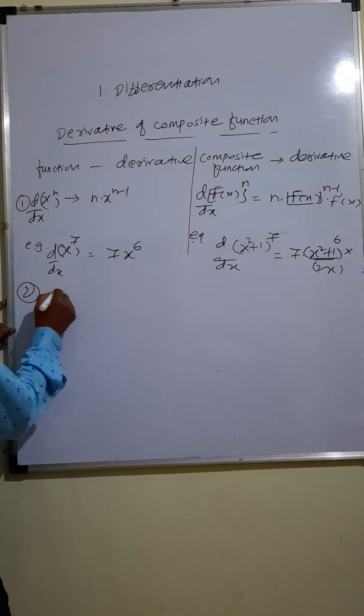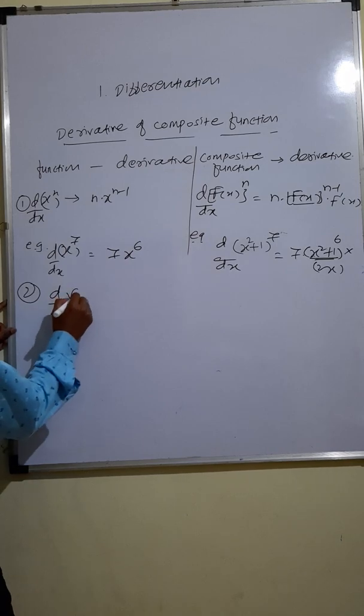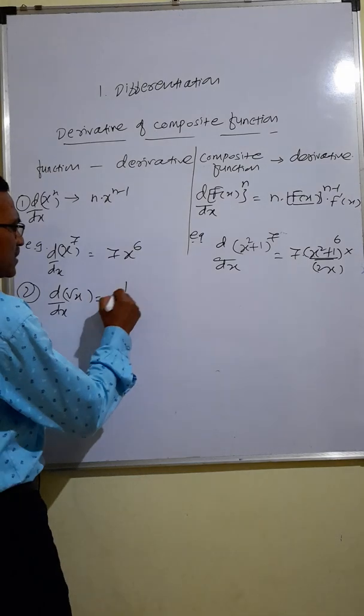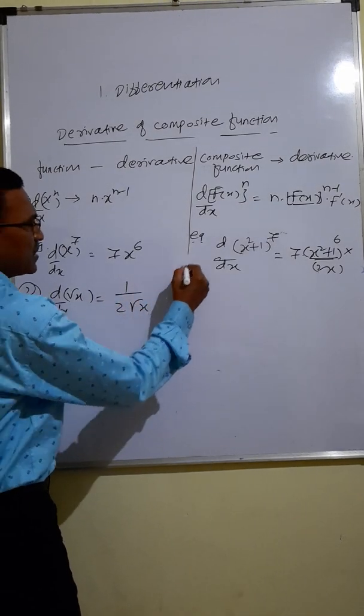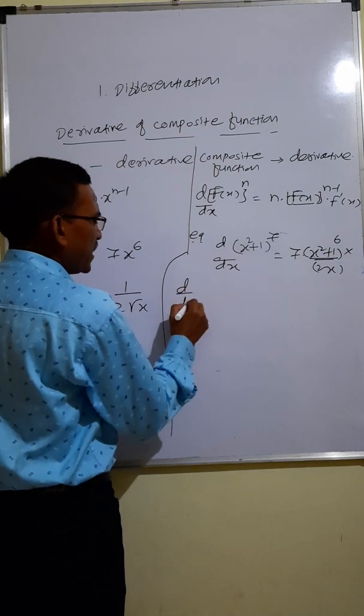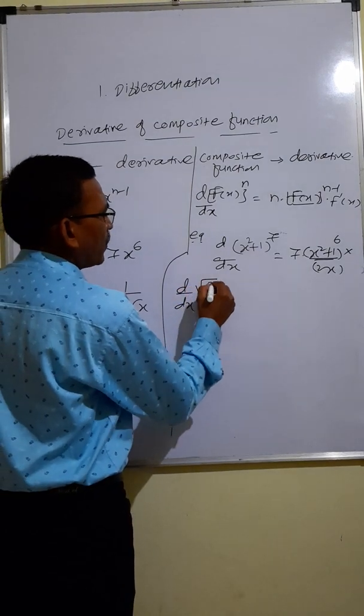Second, the derivative of root x. So the derivative of root x is 1 by 2 root x. And in the same way, in the composite function, derivative of root of f of x.